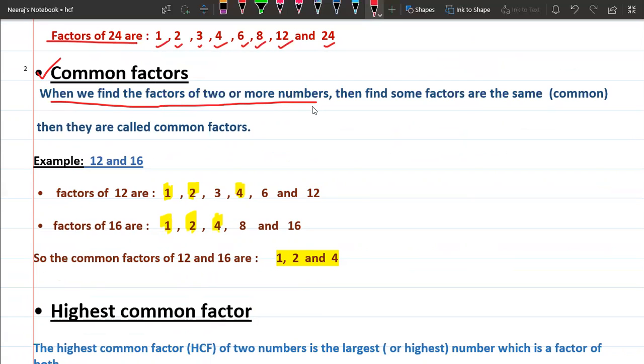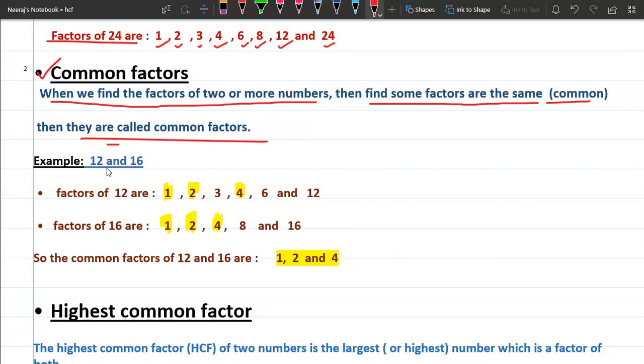In the above example, we can find the factors of every number, but whenever we talk about common factors, we need two numbers, or you can also find the factors of two or more numbers. Then you will find some factors are the same, or we can say common, and they are called common factors. So let's take an example.